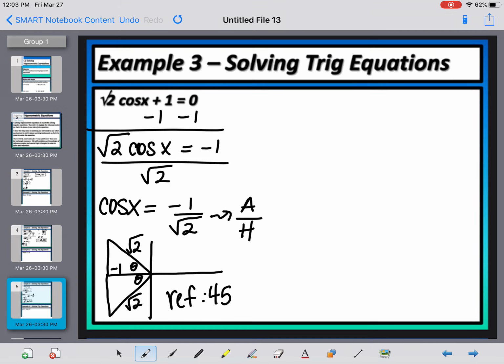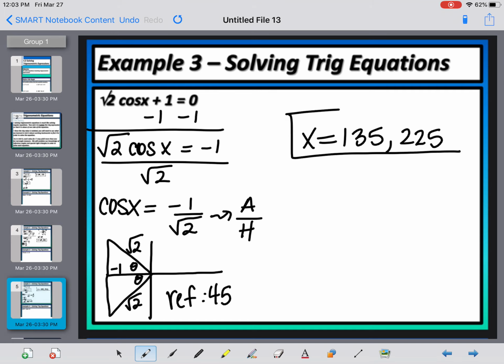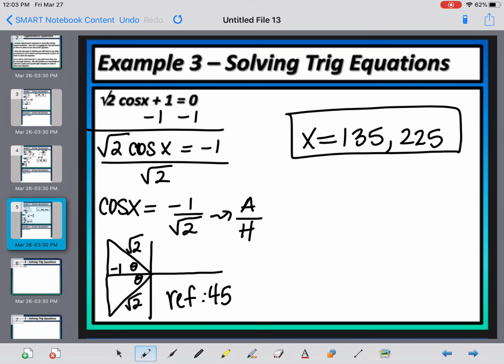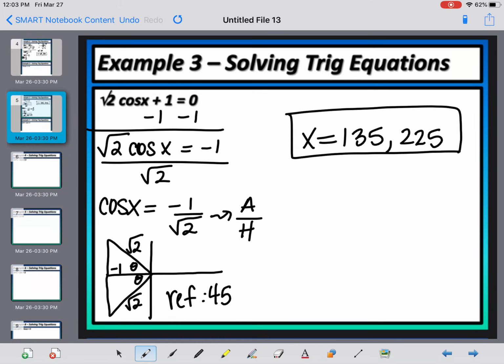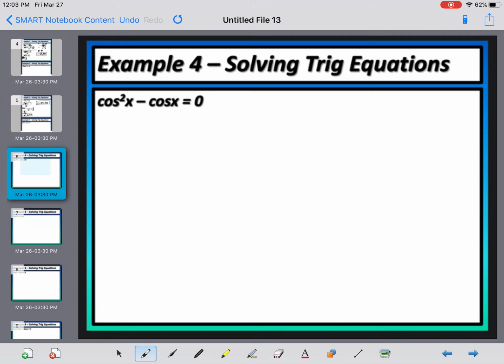So my reference here is 45. Okay, so figuring out those two angles, I've got 180 minus 45. So x is 135, and 180 plus 45, x is 225. Those are my two angles.